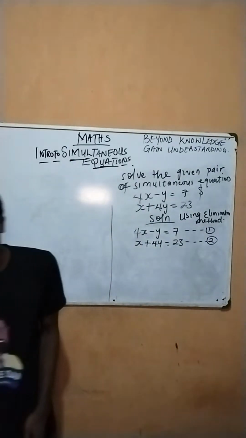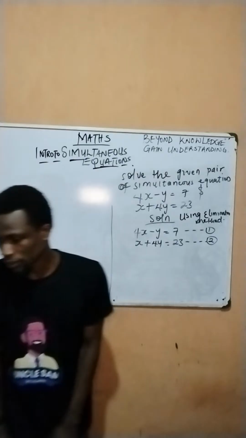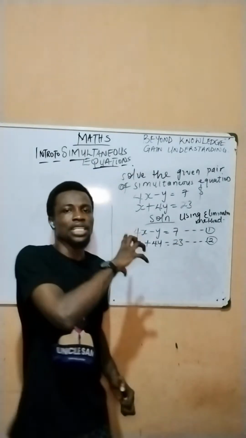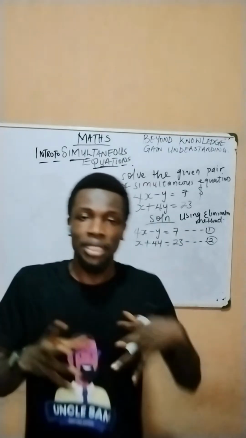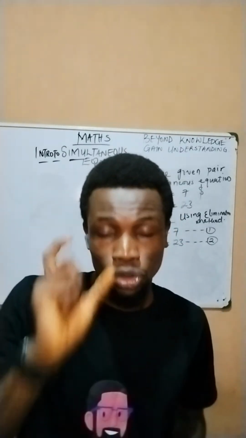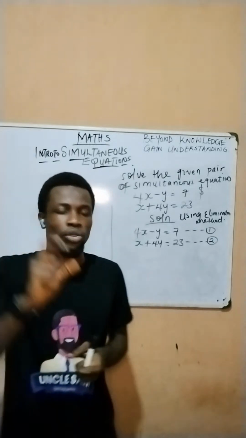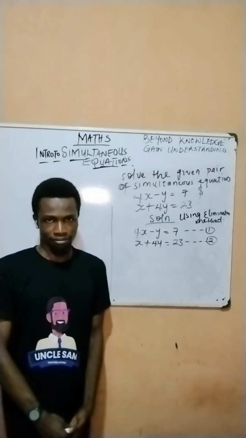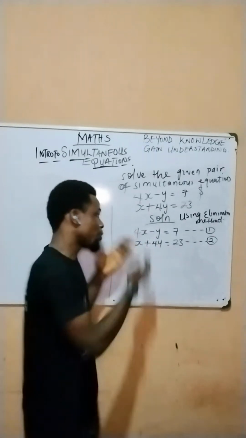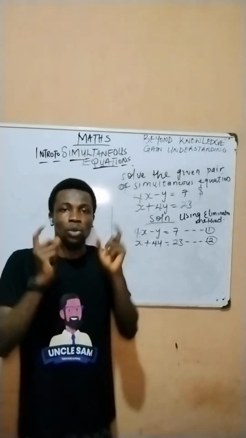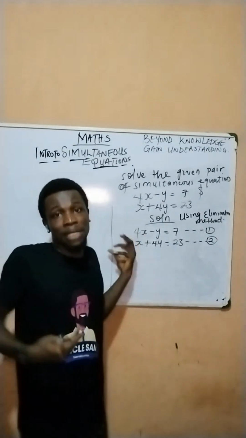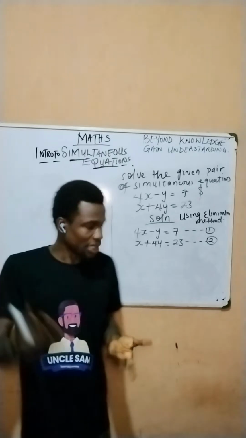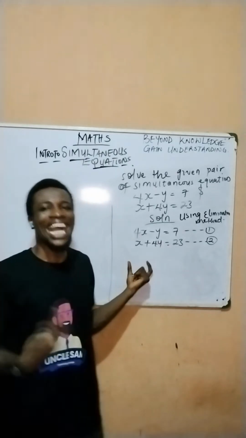Let's use that here. So what am I simply trying to say? In this case, where the coefficients of the variables are not the same, you have to make a choice. Which variable do you want to eliminate? Because, like you can see, you cannot easily pick, because their coefficients are not the same. Which one? Well, I want to eliminate the x variable. I've picked what I want to eliminate, so the next question is how?